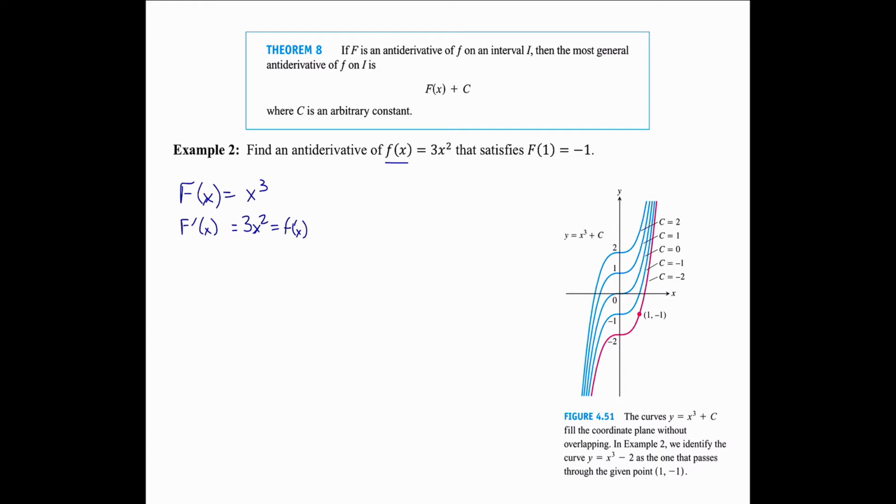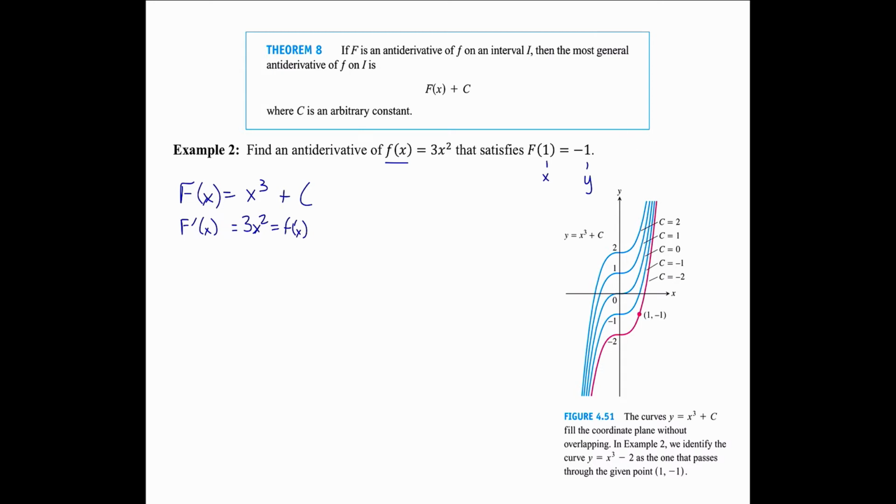So we know that F of x is not just x cubed, it's x cubed plus a constant. But we're given this condition right here on the right that x is 1, and whenever x is 1, its y value is going to be negative 1.